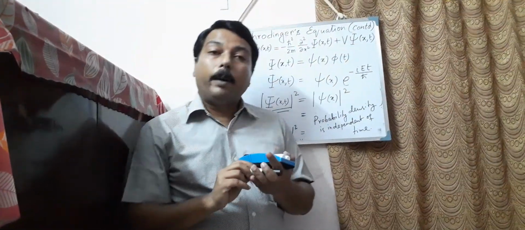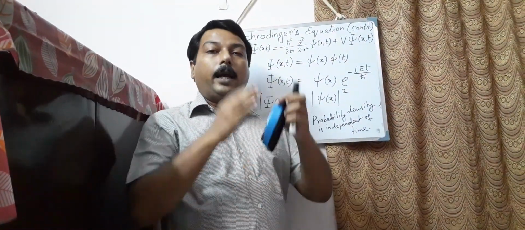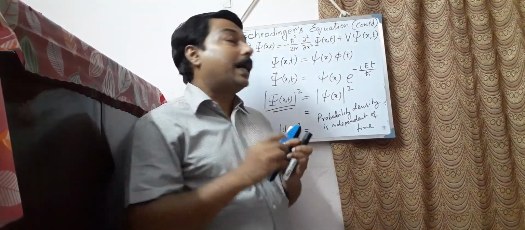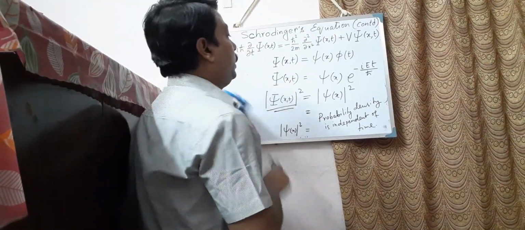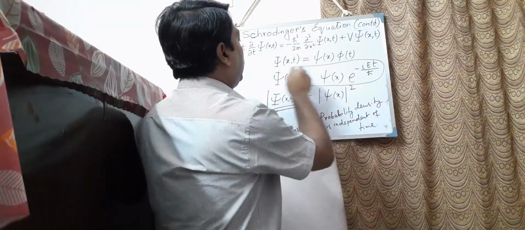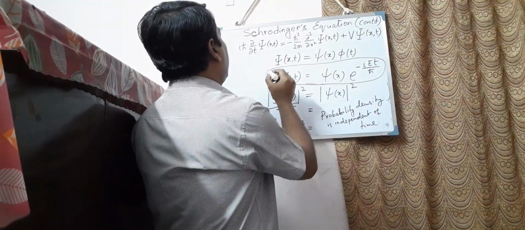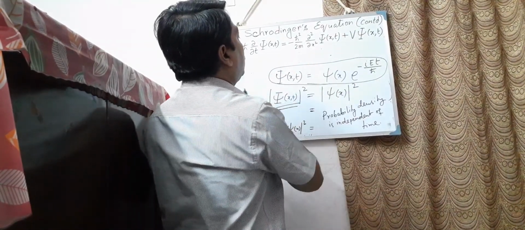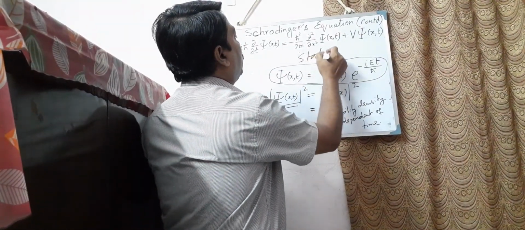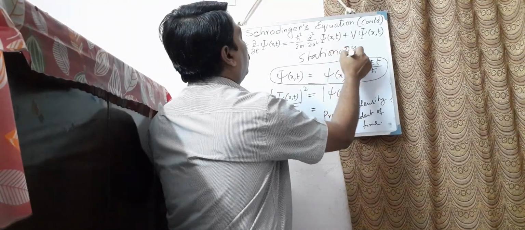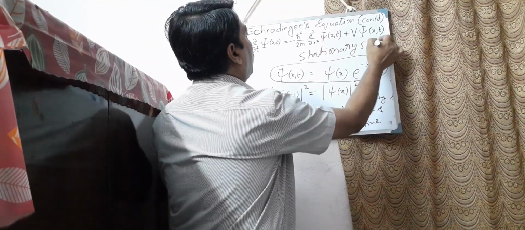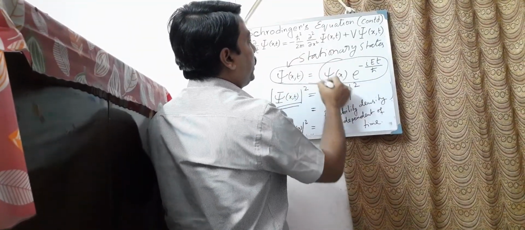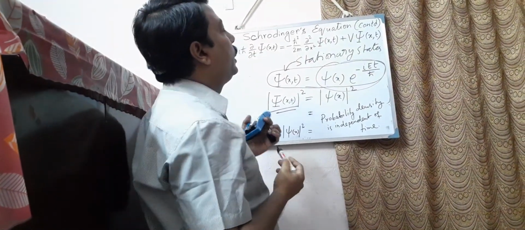That means the probability of finding the particle in a certain region of space is not going to change with time. Such kinds of states, represented like this, are therefore called stationary states.